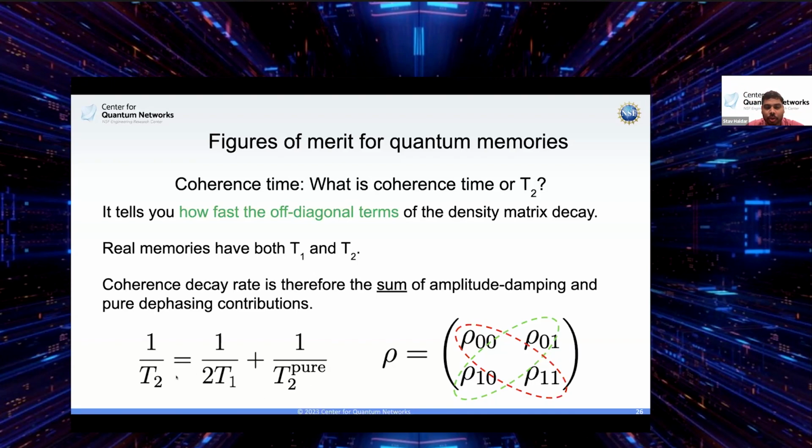If you want to look at the T2 time for a memory, these are the numbers that are often quoted in the literature: what is the coherence time of this quantum memory? That's this T2 number. That will include, in general, always contributions from the relaxation and from the dephasing noise because of the phase flips. So both of them put together, the sum, is the T2 time of the memory.